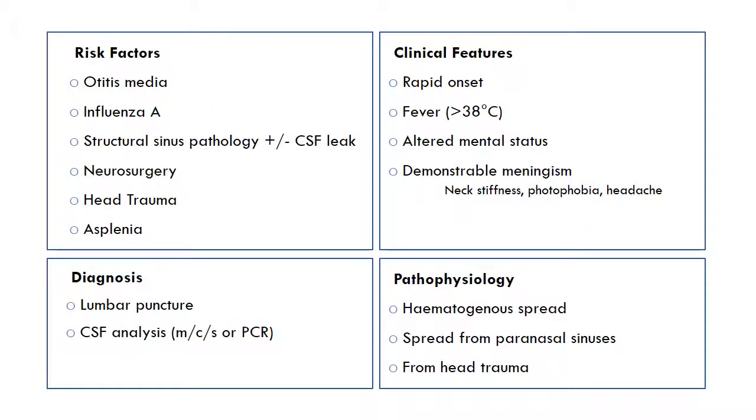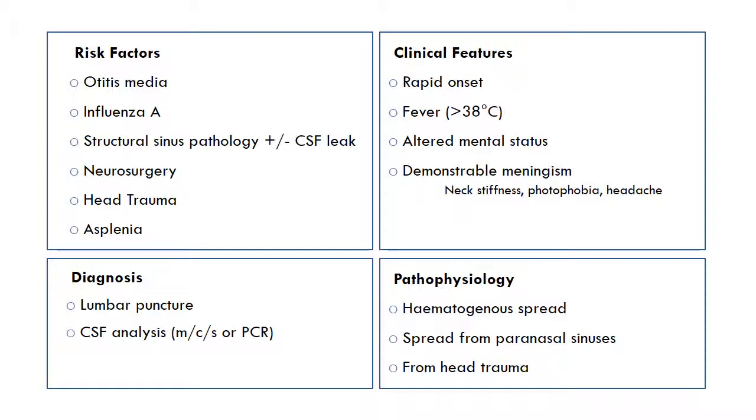So there are a number of risk factors for meningitis, and you just have to remember that all of those structures in the head and neck are connected. So you can have direct spread, so from the paranasal sinuses, or if you have some sort of trauma, you can have spread there. So it makes sense that the risk factors are like otitis media and influenza A. So otitis media, you can have spread of the infection, or you can just have an immunosuppressed state, which makes you more susceptible to getting bacterial infections on top of that.